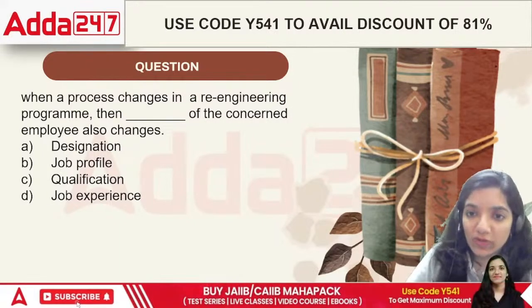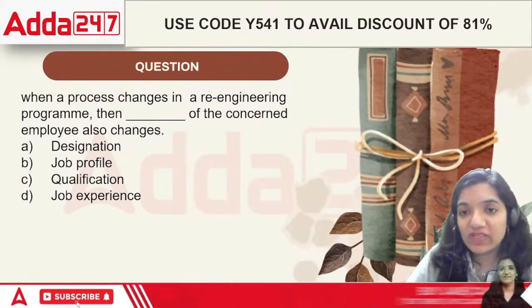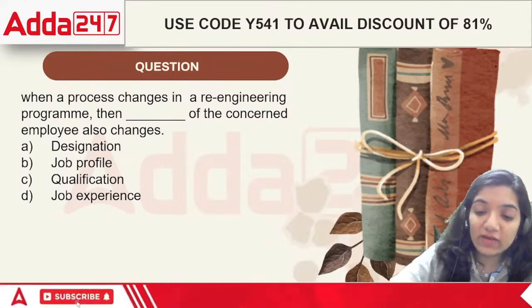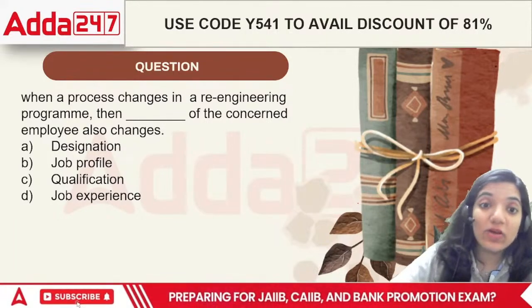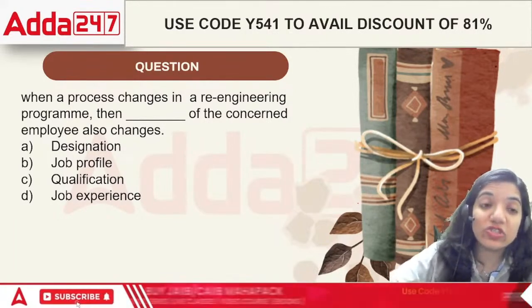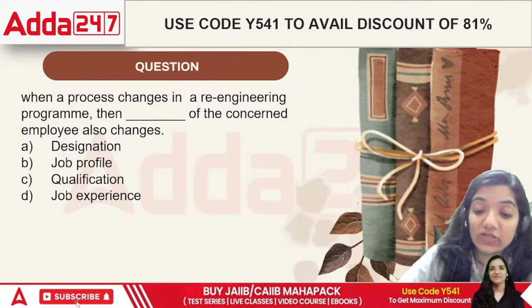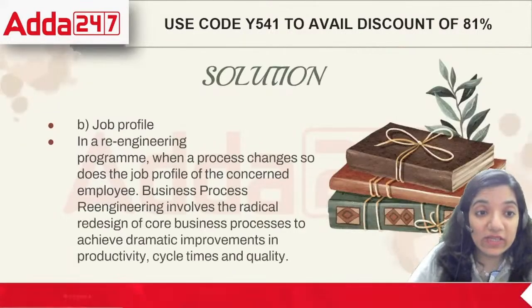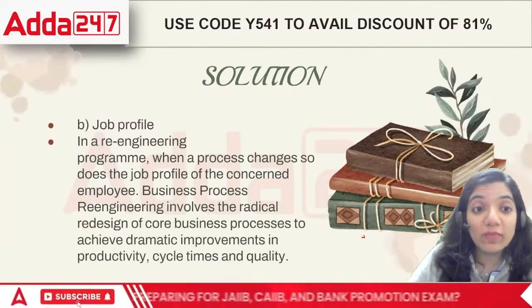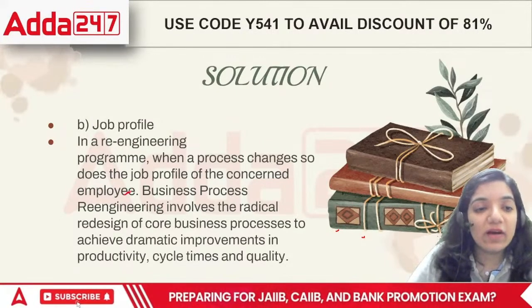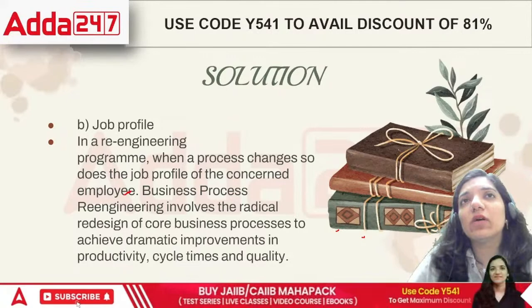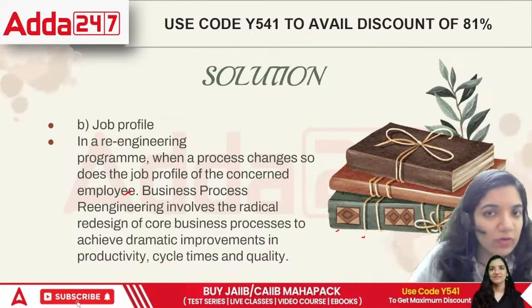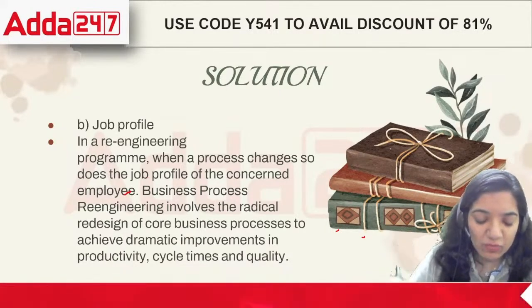See, you cannot change the qualification, right? Re-engineering means the particular person is working in a different manner now. Re-engineering is all about changing your way of working, so technically it would change your job profile. For example, earlier people were working on manual filing.